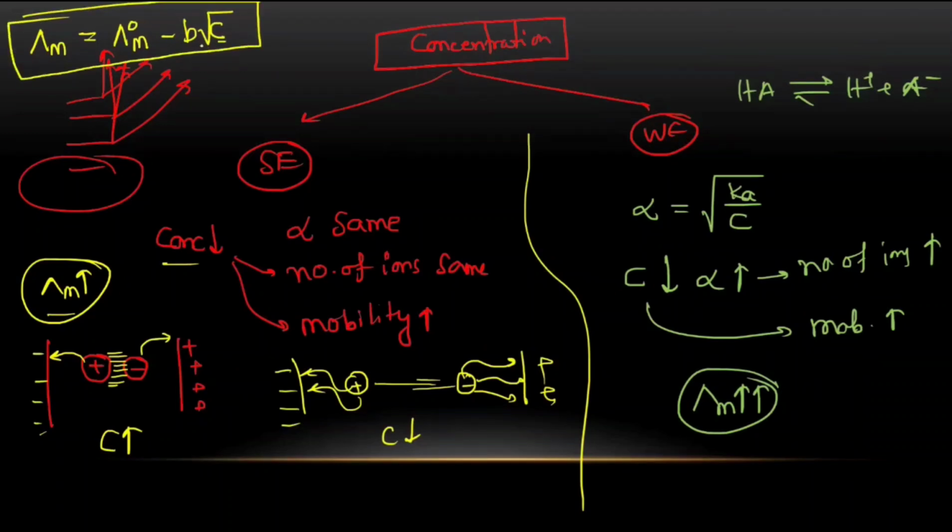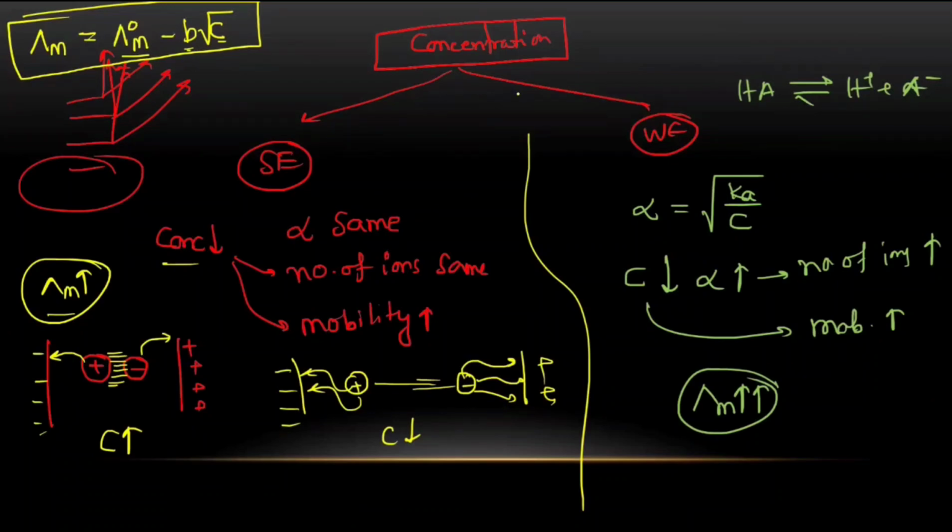C is the concentration, and b is called the Kohlrausch constant. Lambda 0 m means conductivity at infinite dilution, that is, if the solution is diluted infinitely. I will tell you later what infinite dilution means.